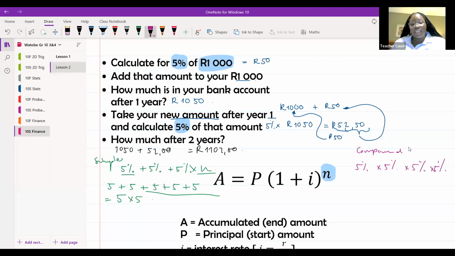Now, instead of writing it out as 5 times 5 times 5 times 5, what's the easier way to write this? 5 to the power of... Beautiful. In this case, it's 5 to the power of 4. But because the interest rate keeps going on top of the interest rate, we can just say the interest rate, which is 5%, to the power of n, which is however many times we're going to put that amount in.